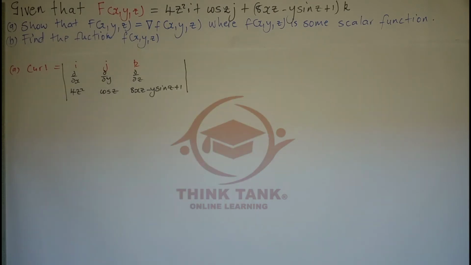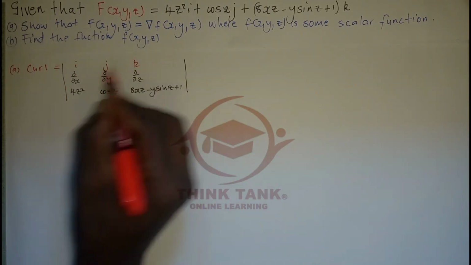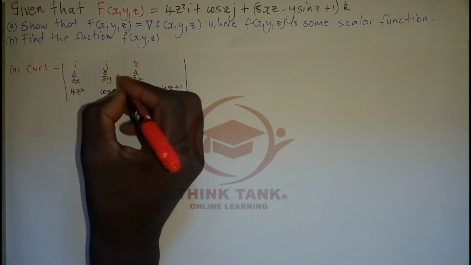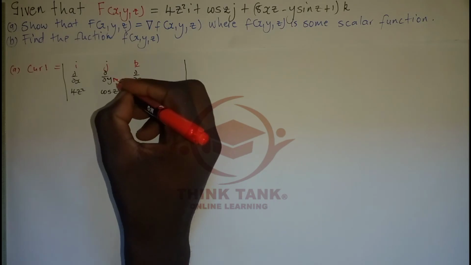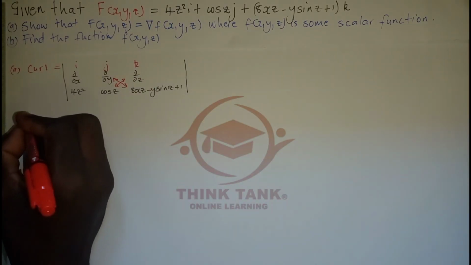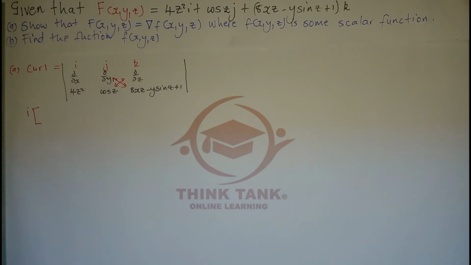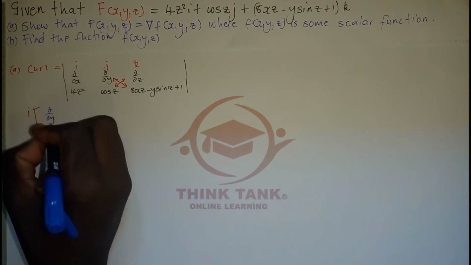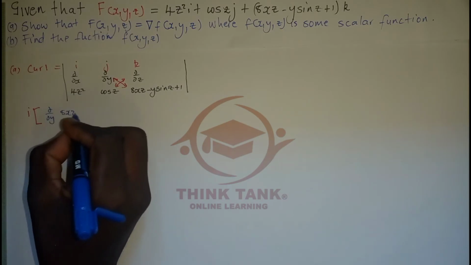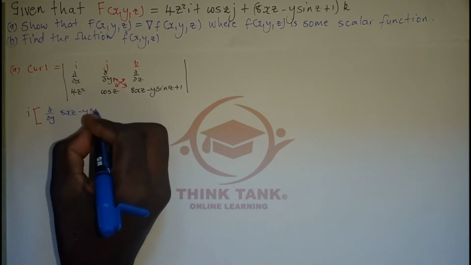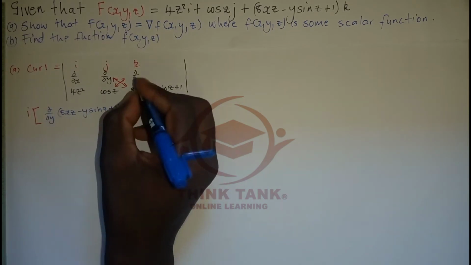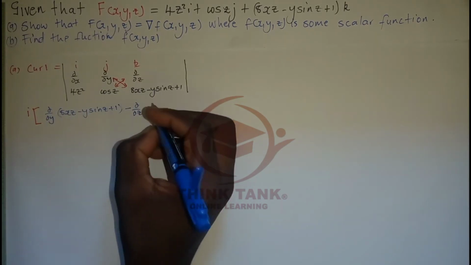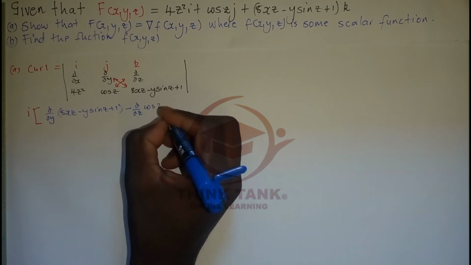First I'm going to close the i row and the i column. I multiply the diagonal together and subtract the other one. For i, we have partial y of (8xz − y sin z + 1) minus partial z of cos z.